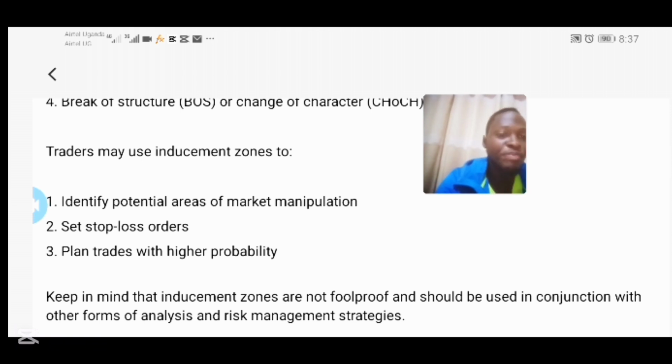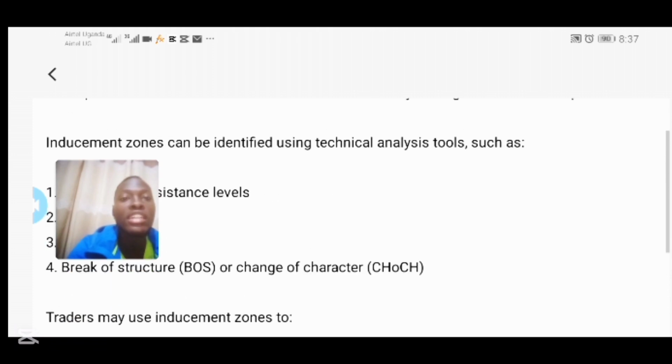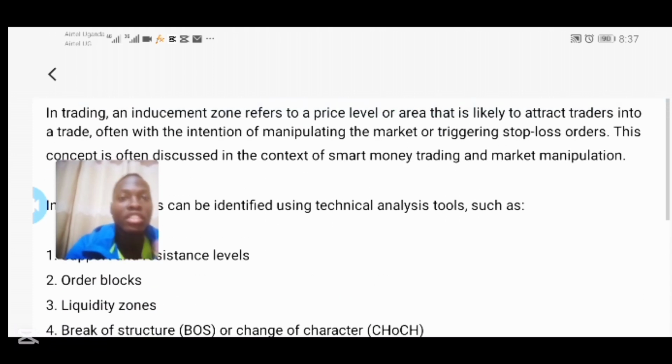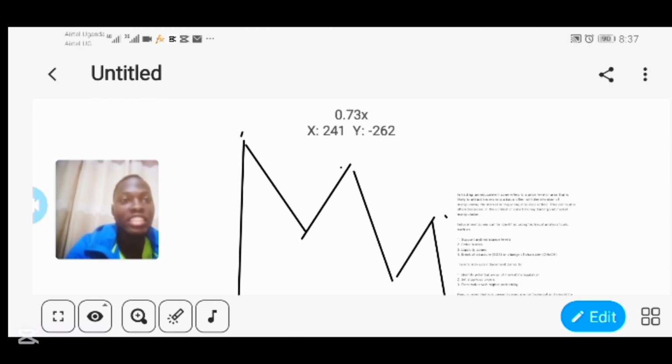And when we are using these inducement zones, let me show you. As you can see, we have the way I've sketched it. So price will first print lower lows, but you can see clearly that there is an imbalance between this low and this one.